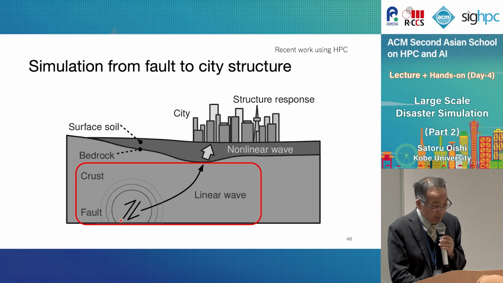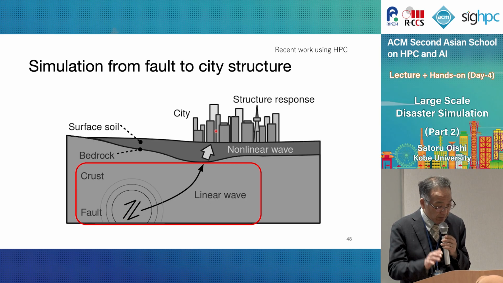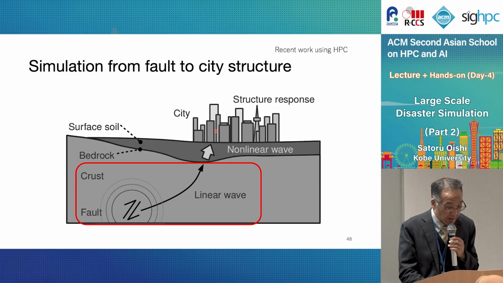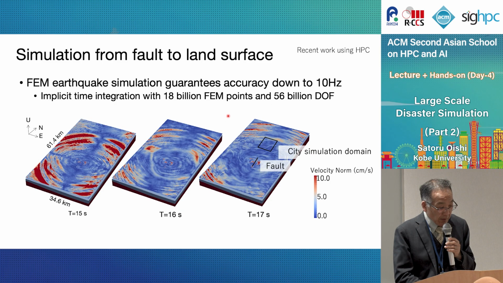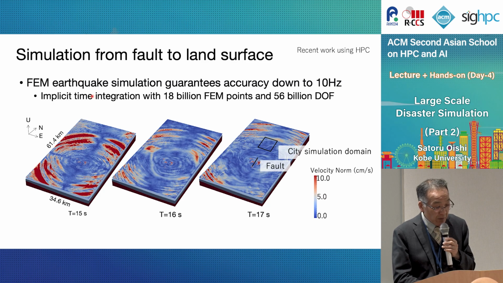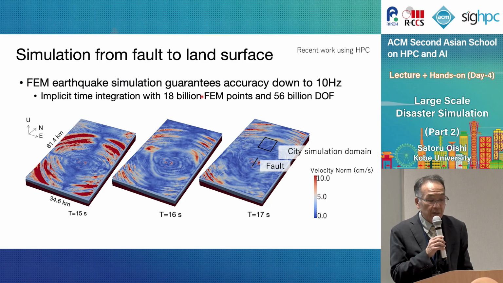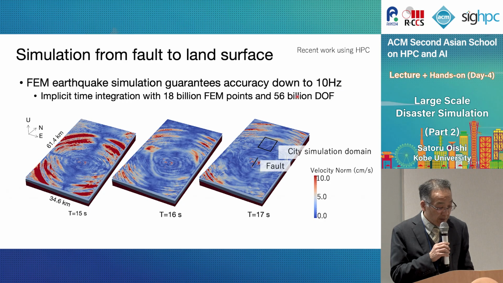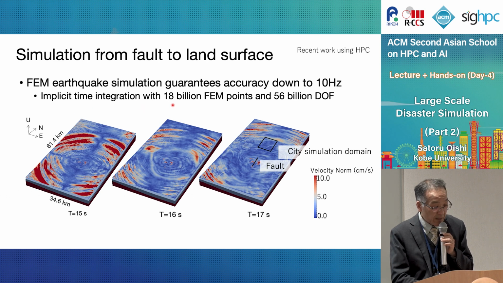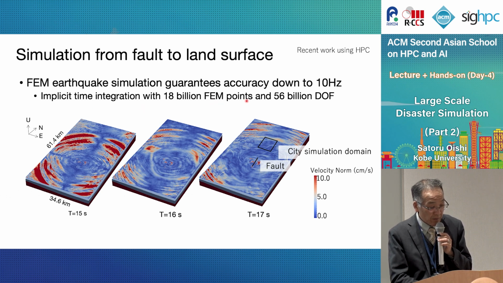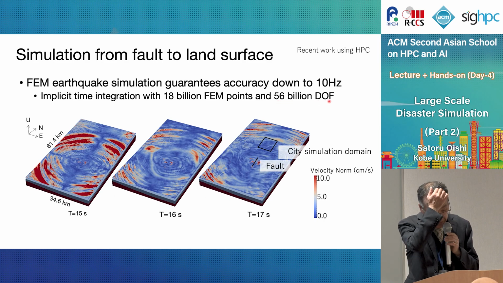Then they can calculate from fault to city structure with one numerical code. The FEM earthquake simulation guarantees accuracy down to 10 Hertz, with implicit time integration, 18 billion FEM points and 56 billion degrees of freedom.